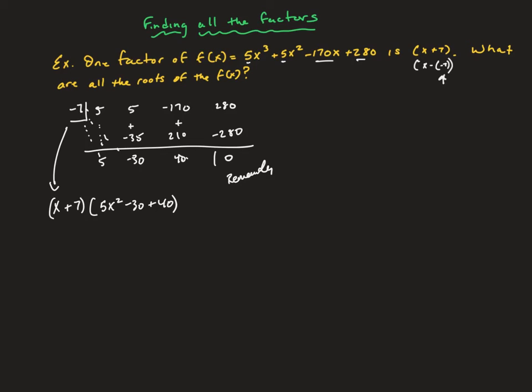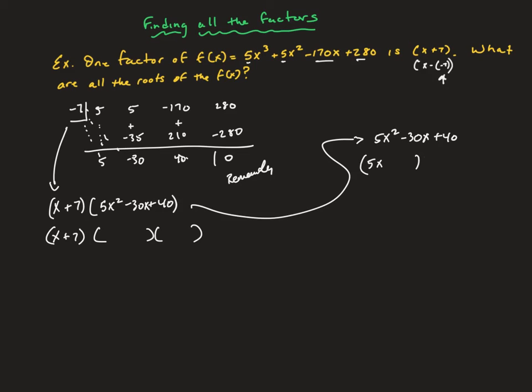And let's see, what else can I do here? I have x plus 7, and I could do some more division, but I should be able to factor this. Taking this over here, I have 5x squared minus 30x plus 40.